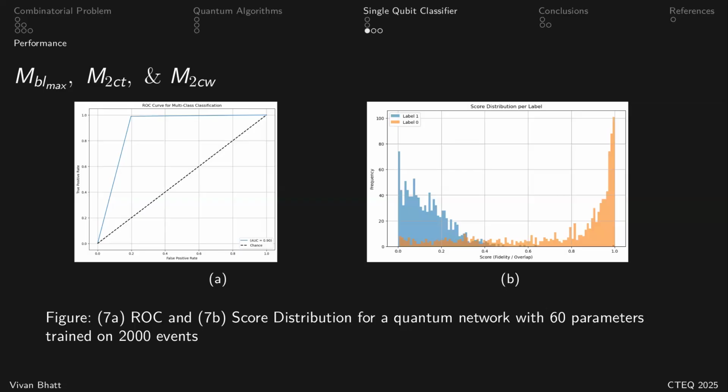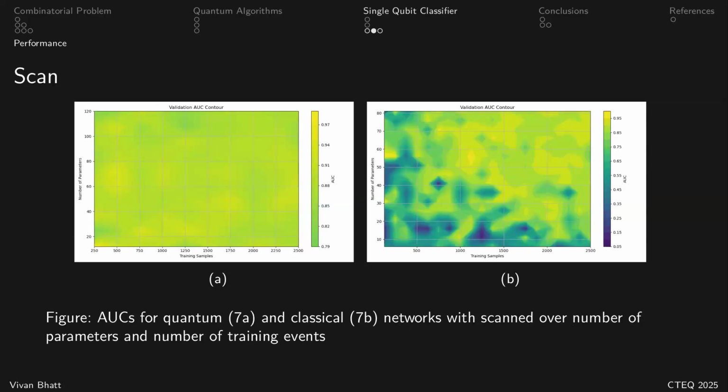Now, the one main thing that we hear about quantum algorithms is that they're much more expressive than your plain deep neural networks. And this is just a scan over the number of parameters in the circuit and the number of training samples.